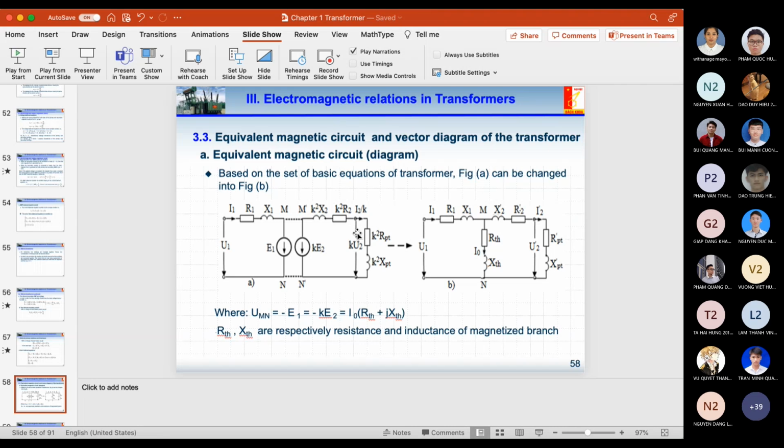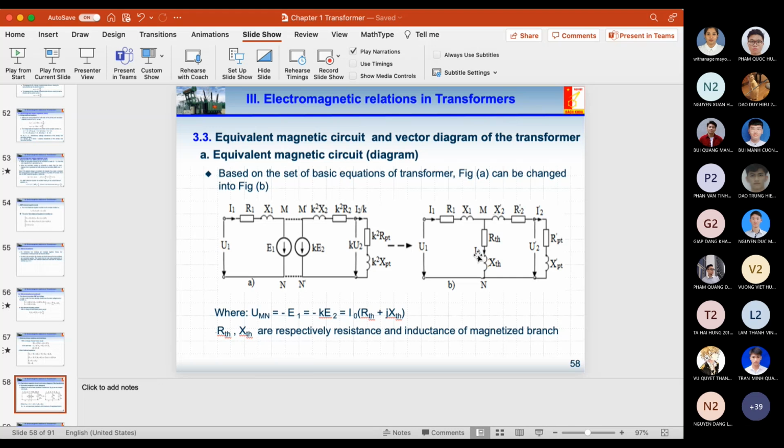In practice, in order to get a simple equivalent magnetic circuit, we can transform from the complicated equivalent magnetic circuit to a simpler magnetic circuit like this. And of course you can see I0 here.